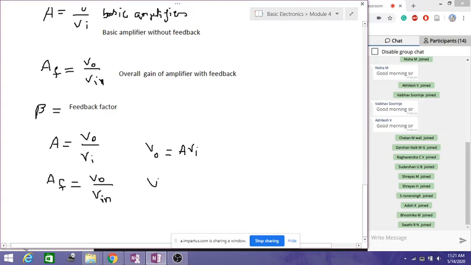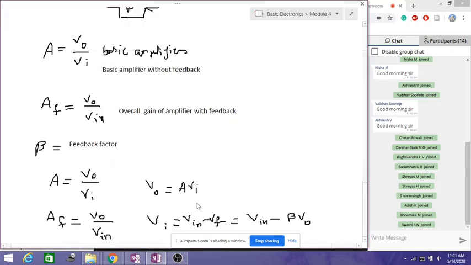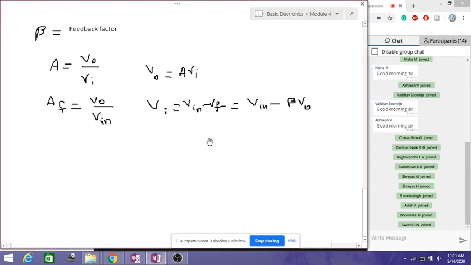Vi is nothing but the difference Vin minus Vf, which we know, and this can also be written as Vin minus Vf equal to beta into Vo. So what is Vf? Vf is nothing but beta into Vo, the output voltage, which is multiplied by beta. So we get Vf as beta into Vo.